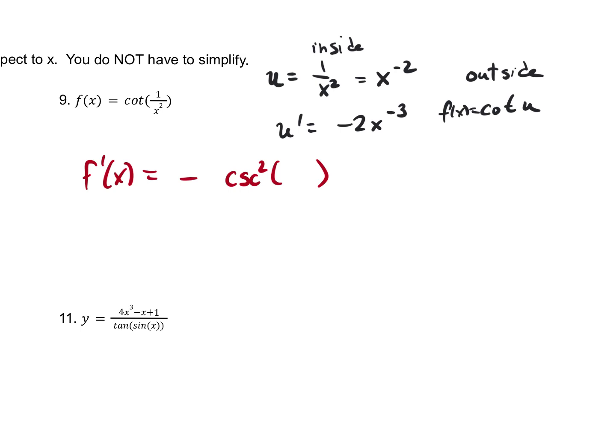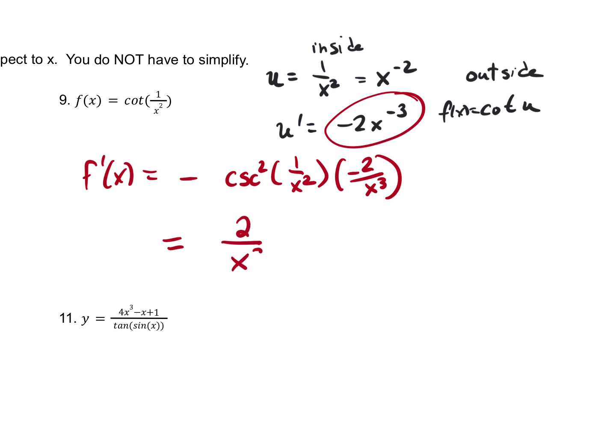But our u is going to be 1 over x squared. Then in the chain rule, you have to multiply it by the derivative of the inside. So that's going to be times negative 2 over x cubed. Just to make it look prettier, I could write it as 2 over x cubed, because the negative and the negative, cosecant squared of 1 over x squared.